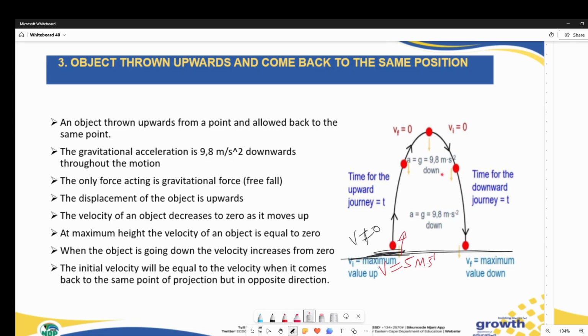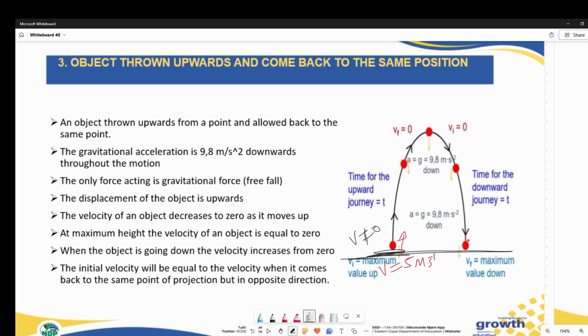Now, from the maximum height, when the velocity is zero, the ball changes its direction and moves downwards, and the velocity will start to increase from zero until it is back at the point of projection.